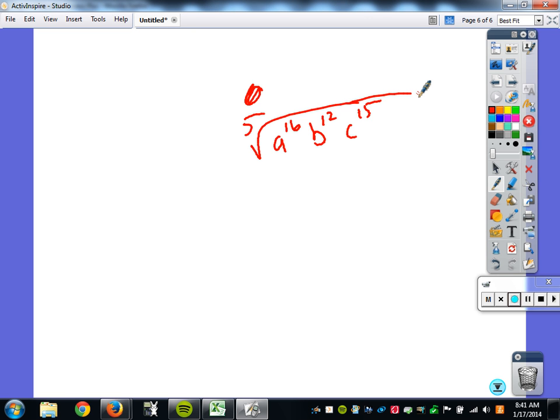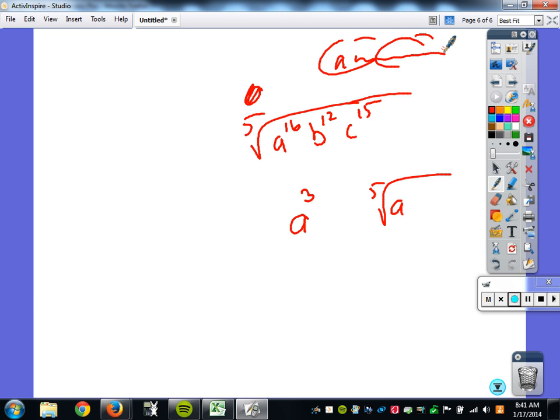You divide, don't you? How many times can 5 go into 16? 3 times, right? With how many left over? 1. Does that make sense? Because if I group that, I get 3 groups of 5 with 1 left over, right? Does everybody understand that process?